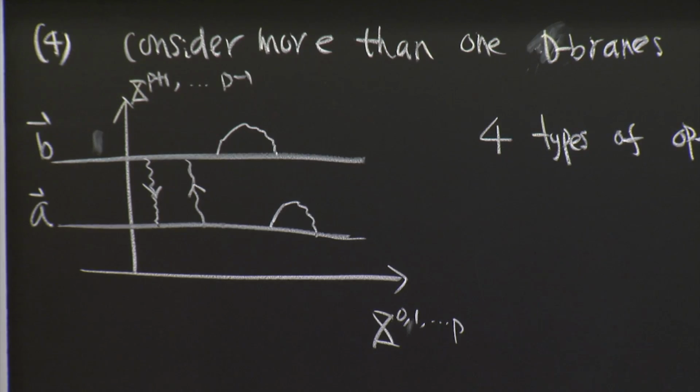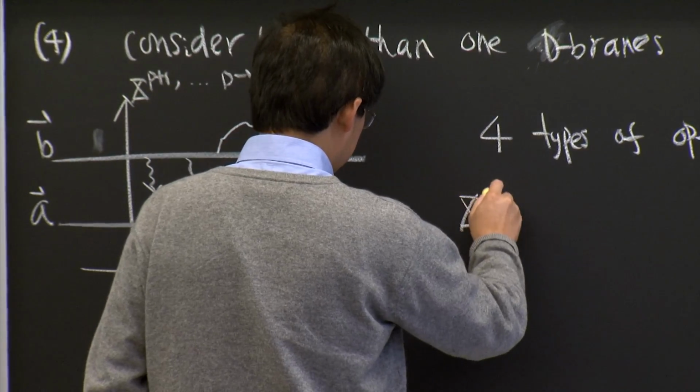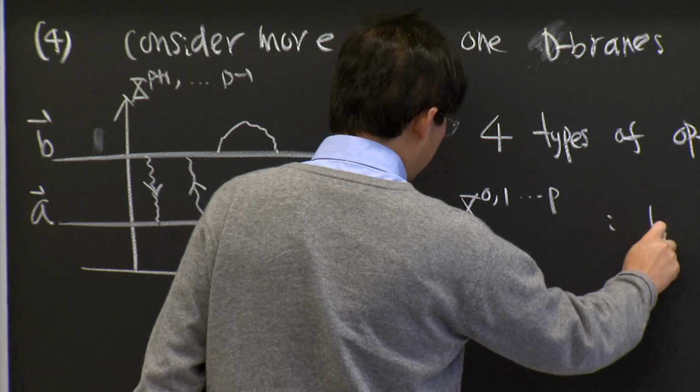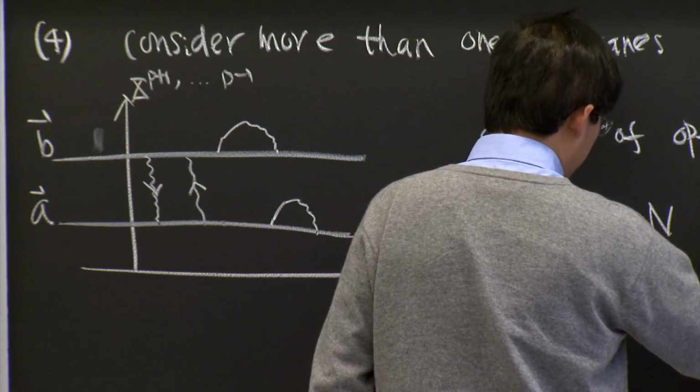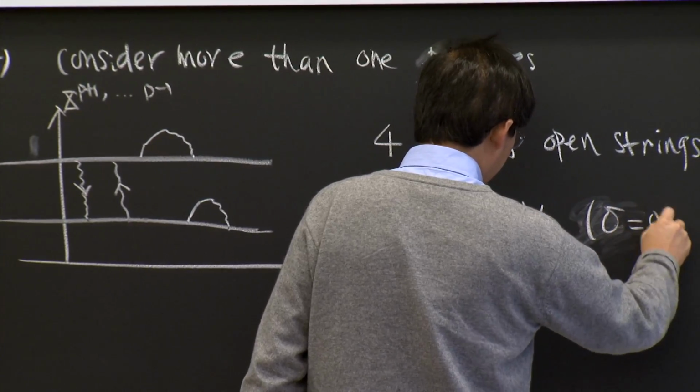Okay. So in this case, the boundary condition for x0, 1 to p is still a Neumann boundary condition for both sigma equal to 0 and sigma equal to pi.